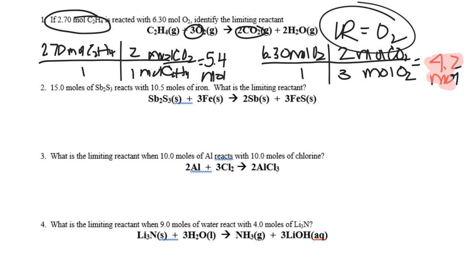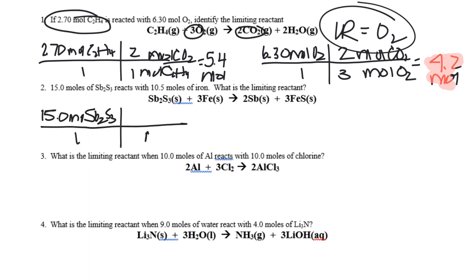Okay, the second example, same thing. I'm going to figure out how much product I can make from the Sb2S3 and how much I can make from the iron. I have chosen to go to the antimony, but you could just as easily go to the FeS. You're going to get the same answer as far as identifying limiting reactant. So for the first time, we're going to go 15 moles of Sb2S3.